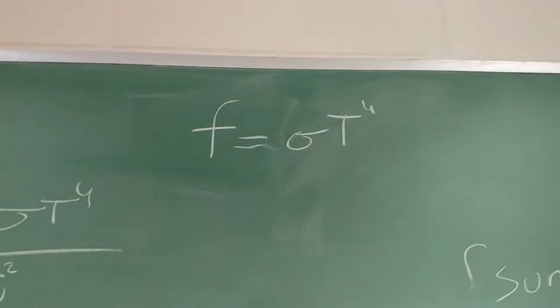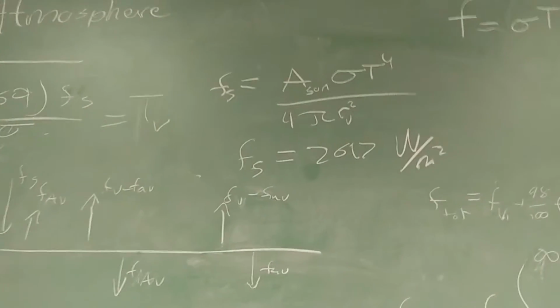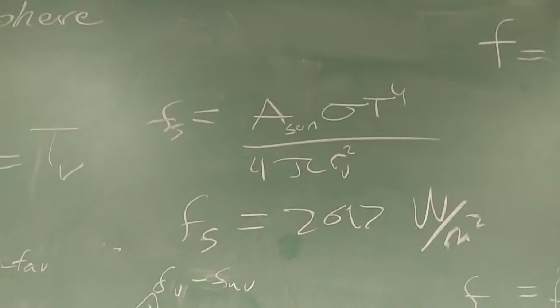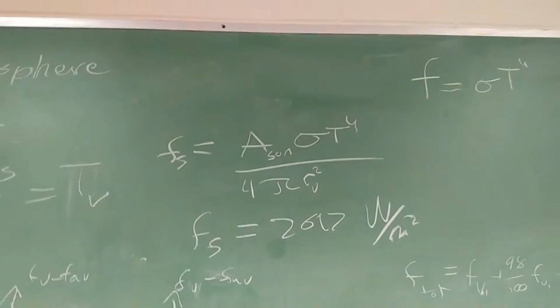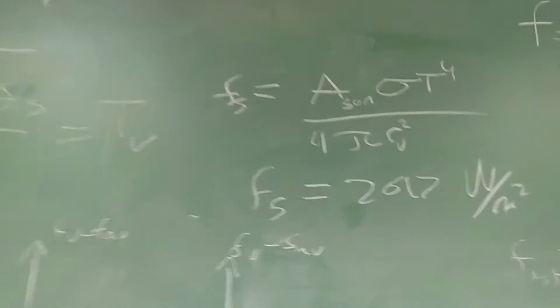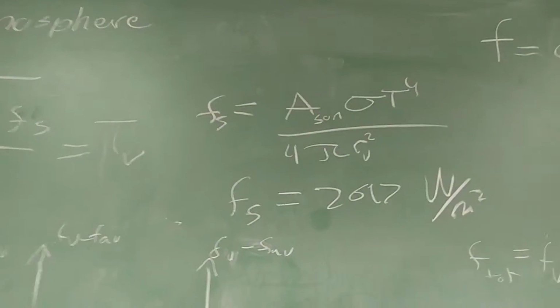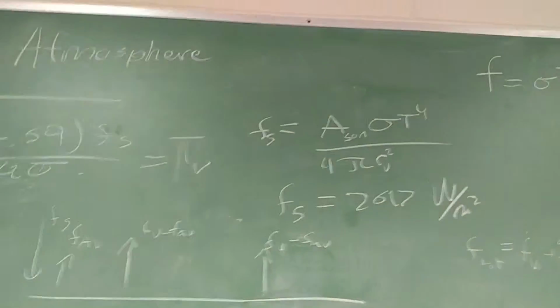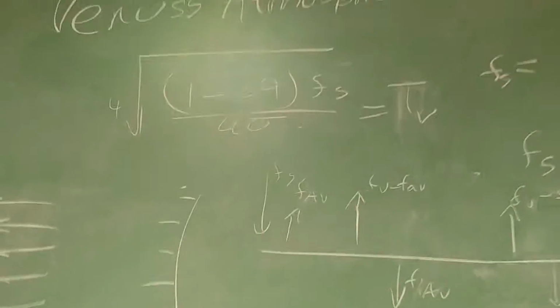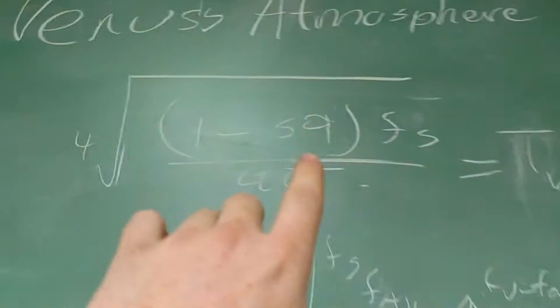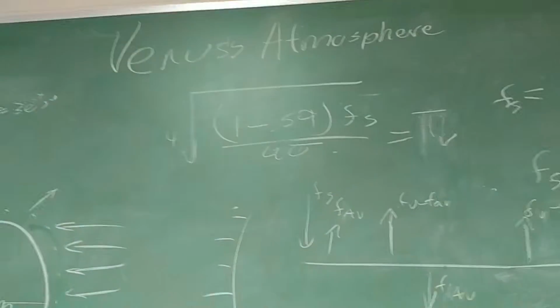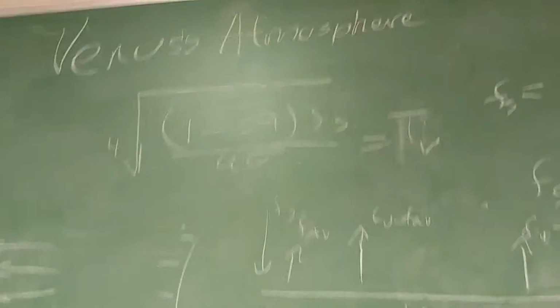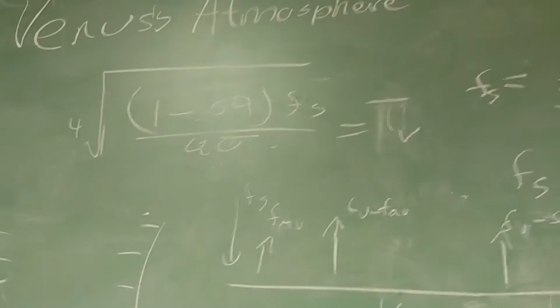Using Stefan-Boltzmann's law, we're going to calculate the sun's flux at Venus by using a ratio of the sun's radius divided by the radius of the sphere to get the flux at Venus. Then we're going to balance that out and use the albedo, and 1 minus the albedo to find the absorption of the planet, and solve out to find the temperature of Venus.